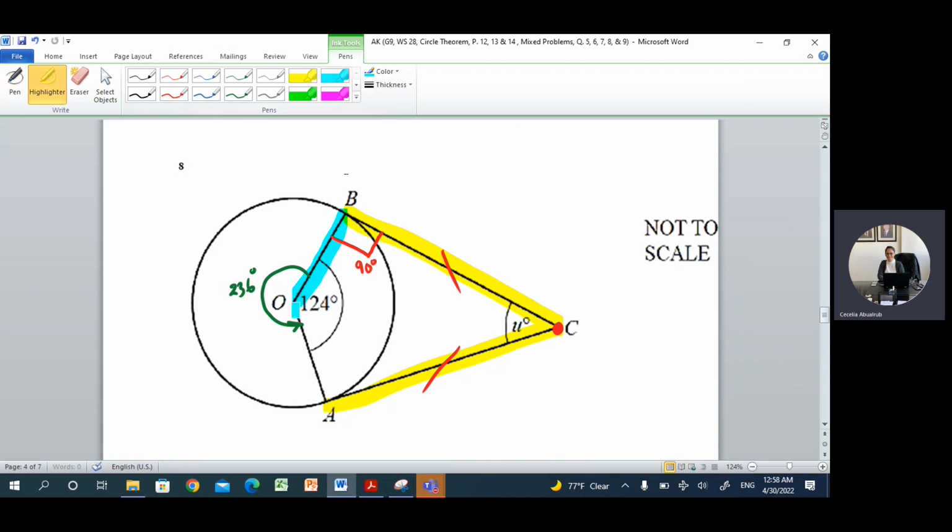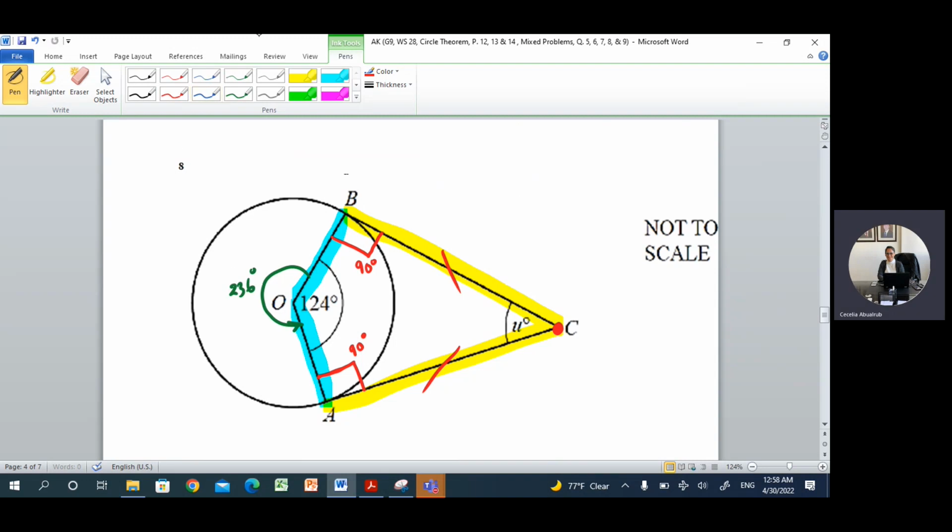And once again, radius OA meets with tangent AC at a point on the circumference of the circle, which means that they are perpendicular and the angle between a radius and a tangent is always 90 degrees. Perfect.